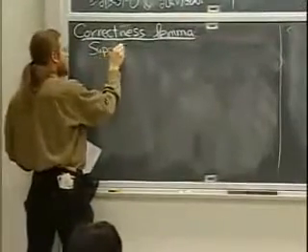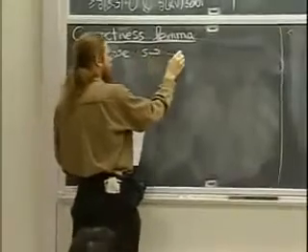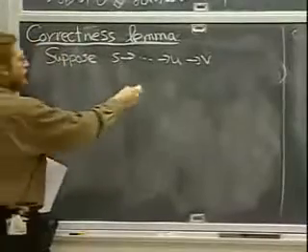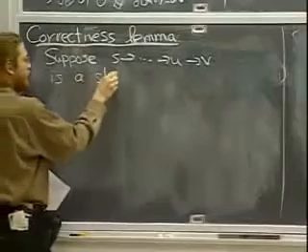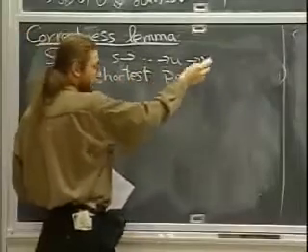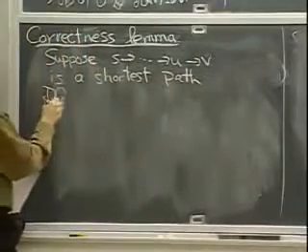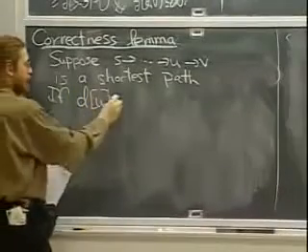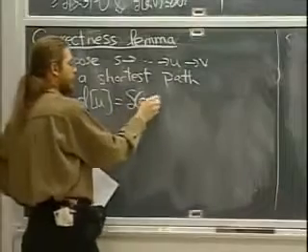Suppose you knew the shortest path from S to some vertex. So you go from S to some other vertices, then you go to U, then you go to V. Suppose that is a shortest path from S to V. And also suppose that we already know in d of U the shortest path weight from S to U. So suppose we have this equality.